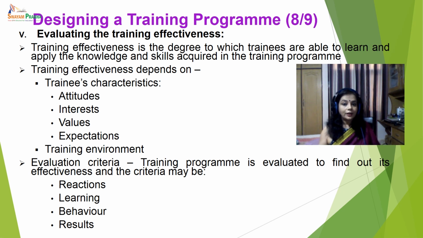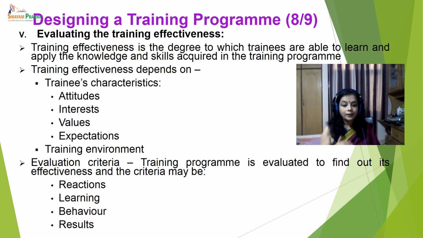How the training has been conducted will have an impact on the training effectiveness. So it means the environment, whether it was conducive for training or not, as we have discussed earlier, the physical and the psychological environment, and whether the trainees are enthusiastic in the training program or not, because of the physical and psychological environment, will have an impact on the training effectiveness.